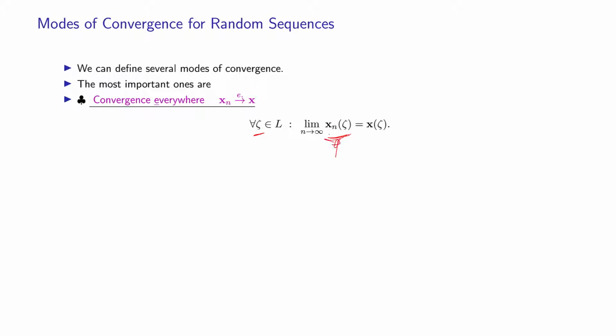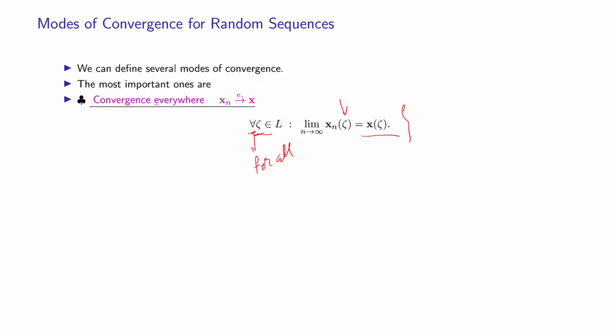If all these sequences for different possible outcomes converge to a certain real number, then we say convergence everywhere. This is the ultimate mode of convergence, for all possible outcomes. This notation means for all.